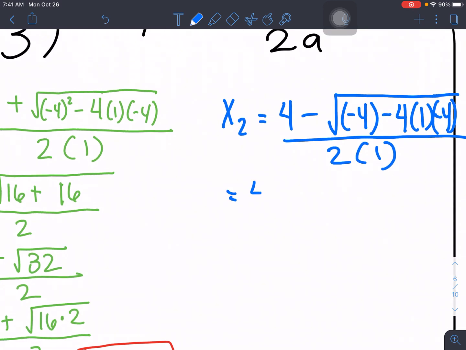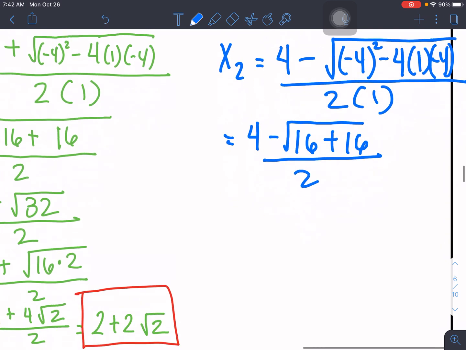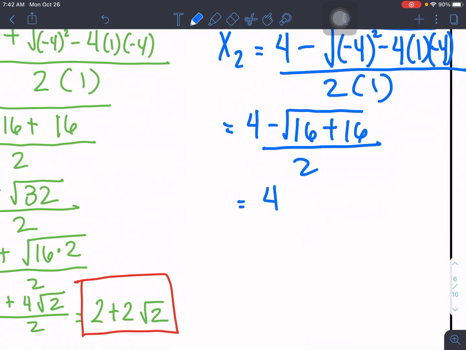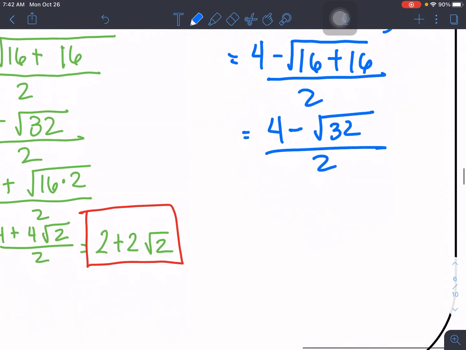Okay, so 4 minus the square root of 16 plus 16 over 2 is equal to 4 minus the square root of 32 over 2.